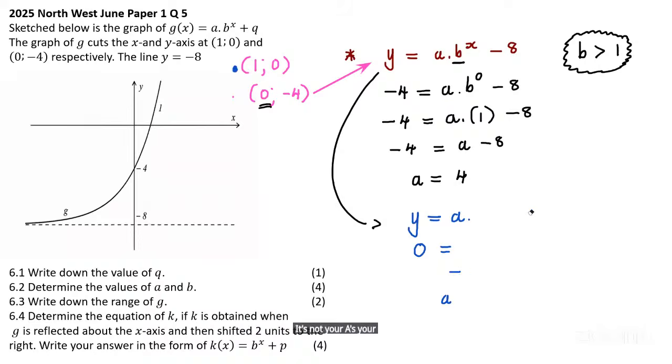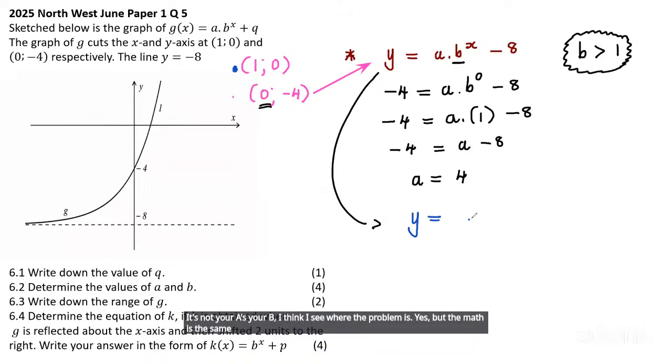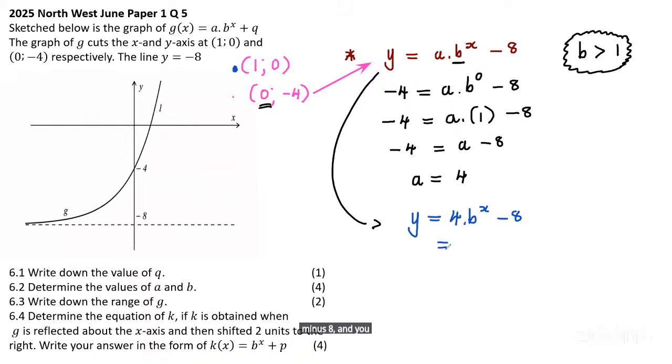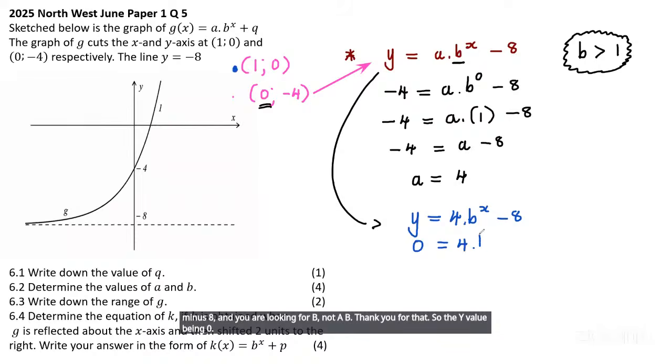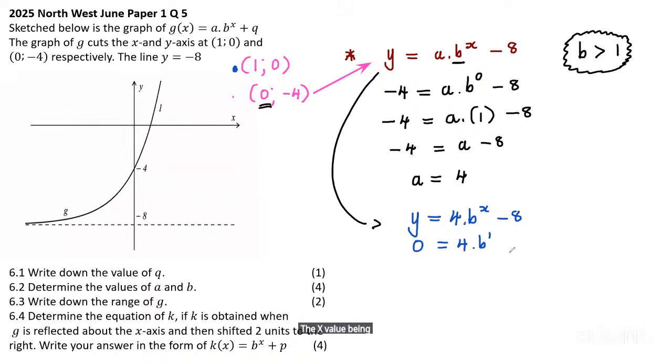I think I see where the problem is. Yes, but the math is the same. So you've got your A as 4, then B to the power of X minus 8, and you're looking for B, not A. So the y value being 0, the x value being 1, minus 8. So eventually 4B is 8, so the value of B should be equal to 2.